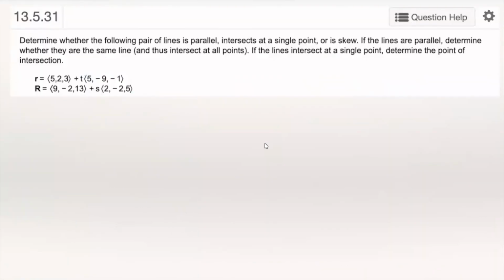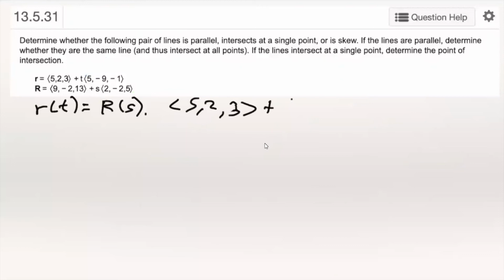Okay, so we're doing little r of t is big R of s. That is (5, 2, 3) plus t times (5, -9, -1) is equal to the right-hand side. I'm not going to finish writing that out.